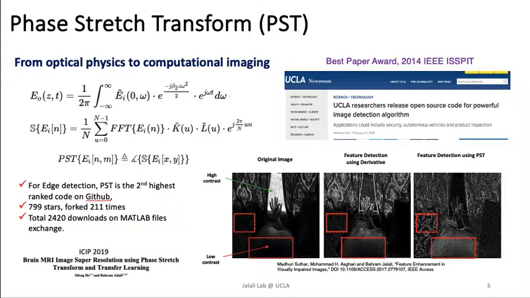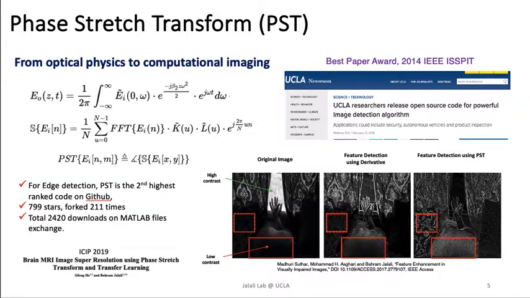So we have our input signal here in the continuous domain, propagating through some distance z, and then that can actually be encoded in the discrete domain with this PST operator on the bottom. So we actually are measuring the phase at the output, and the amount of phase applied to the image is frequency dependent and is encoded within the phase kernel, with higher amounts of phase applied to higher frequency features of the image.